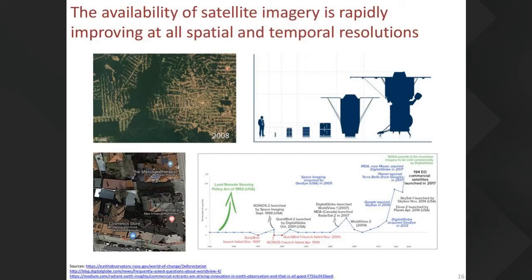We have here on the top left, this would otherwise be a moving GIF, but you see that there's imagery that's taken at multiple time scales, at multiple points in time, and we now essentially have videos of the Earth as processes on the Earth evolve.